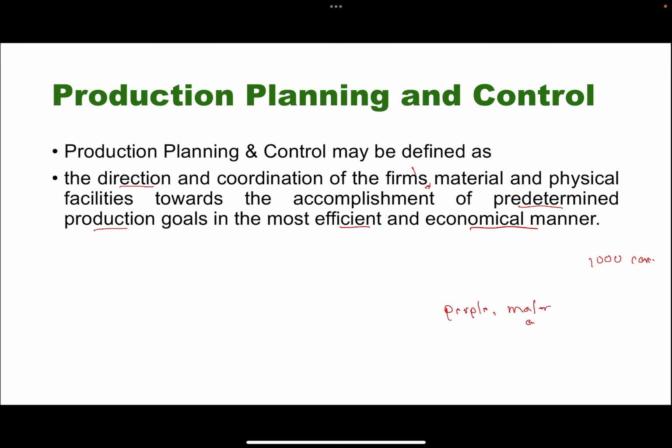That means the aluminum sheets, maybe engines, transmission, leather for the seats, tires, etc. We need to arrange various materials, machines and men to manufacture these 1,000 cars by the end of this period. And also, this should be done in the most efficient and economical manner. That means you need to reduce all the wastage involved in that.